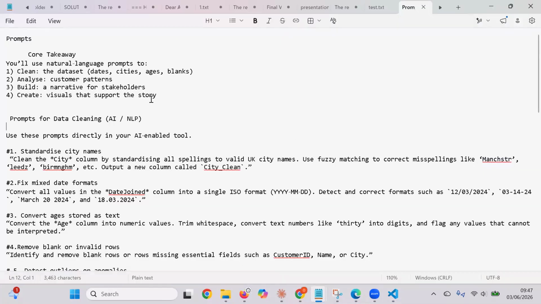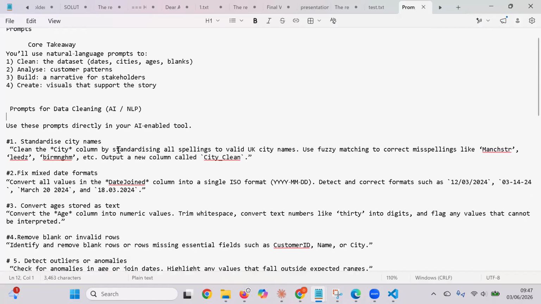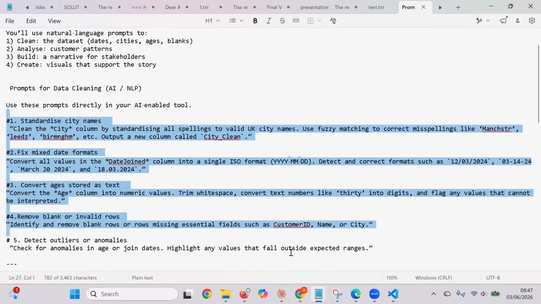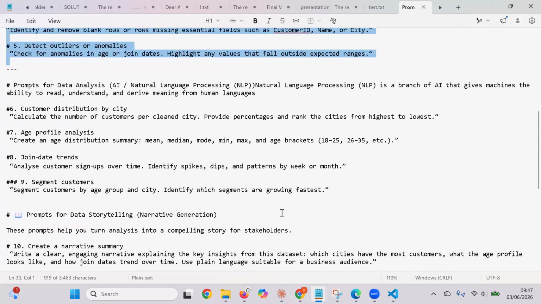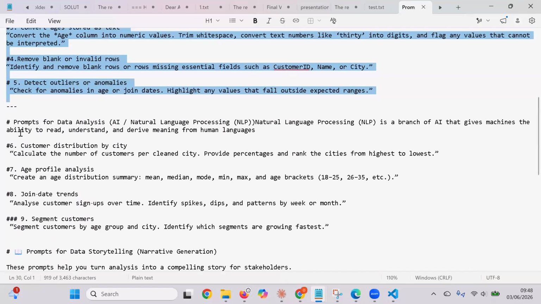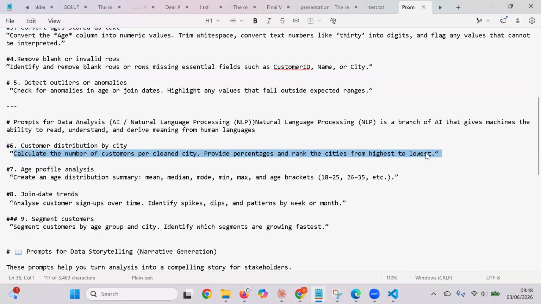We came up with all this prompt, the prompt for cleaning the data, because if you look at the data, it's messy. We need to first clean the data up. After that, we come to where we'll build our analysis, customer distribution by city. We have a prompt for everything.